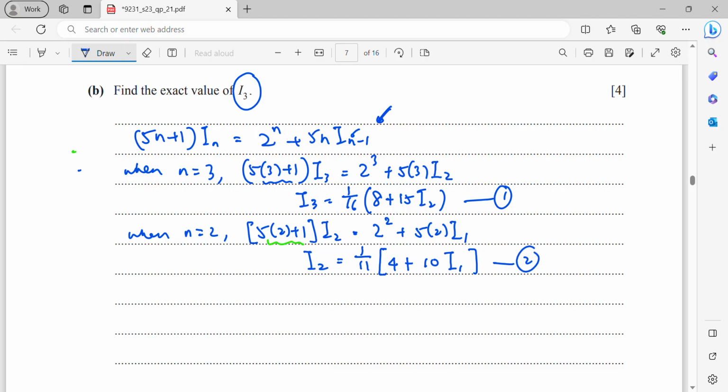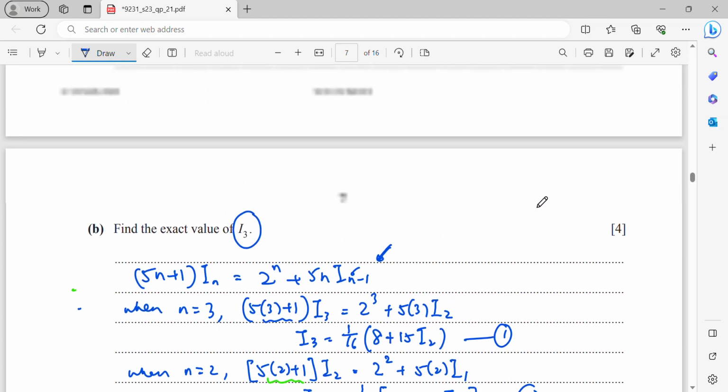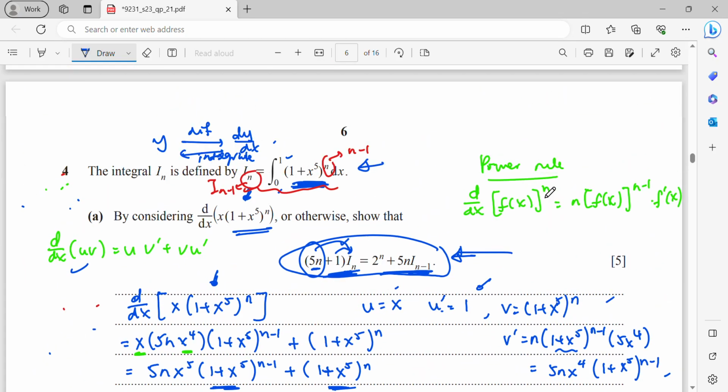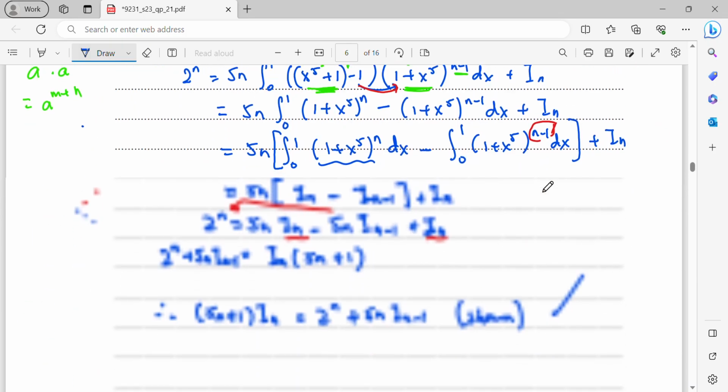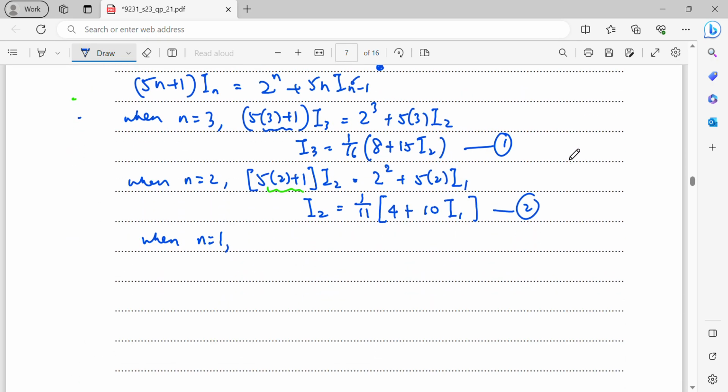So now, for my I1, I can refer to the formula, the integration. So go back to the definition. In is this integration. When I1 means that just replace this by 1. That means you are integrating (1 plus x)^5 with respect to x from 0 to 1. This is a very simple integration, so I will just use the definition.